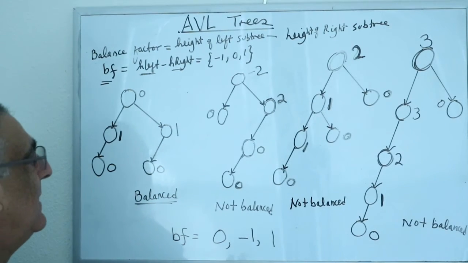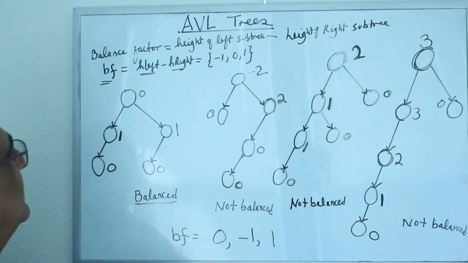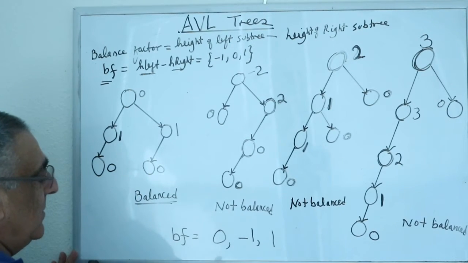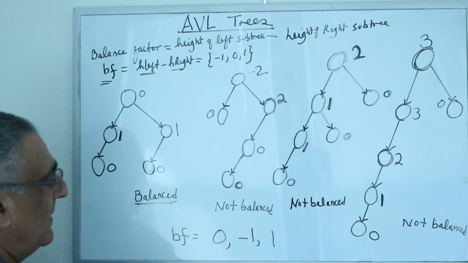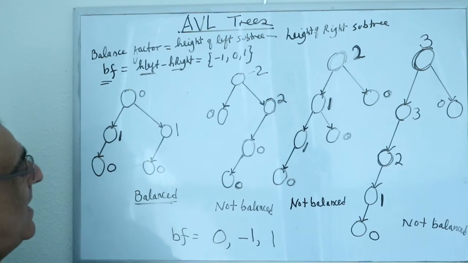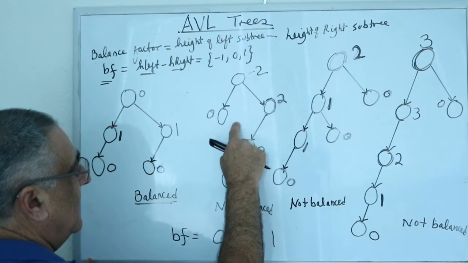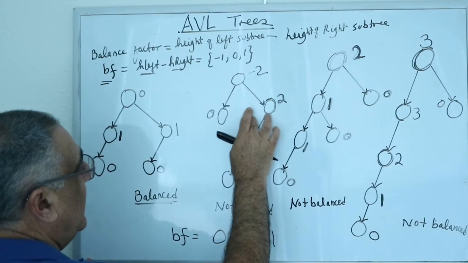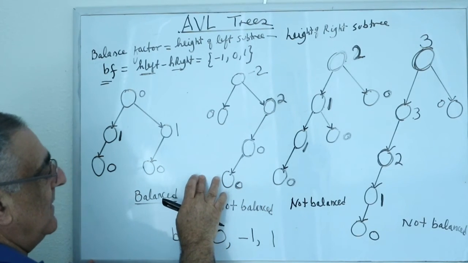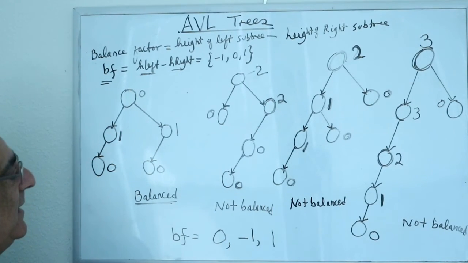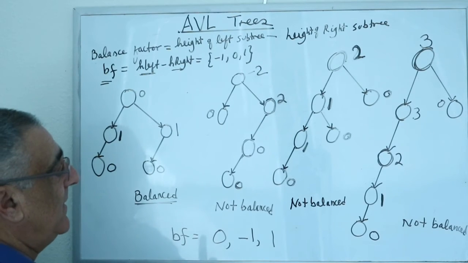So when we build a binary search tree, applying the AVL tree concept, while we're building it, we have to do balancing. Now the other issue, when you look at why the tree is not balanced: the distance or the depth from each level to the next level has to be 1. It cannot be greater than 1.